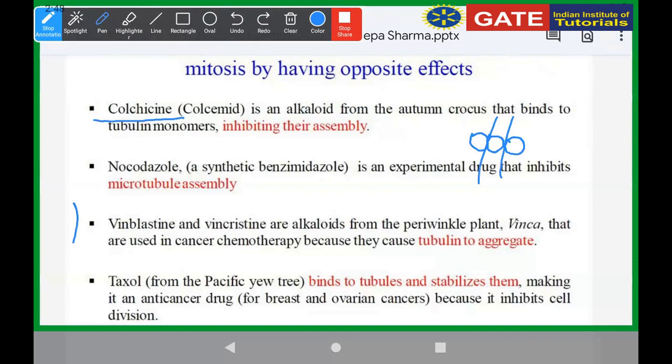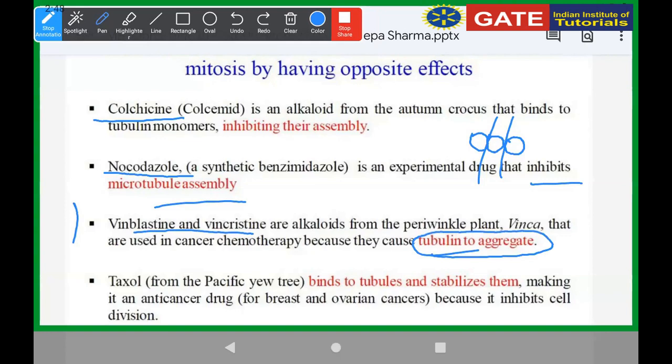Nocodazole is a drug that also inhibits microtubule assembly. Vinblastine and vincristine are alkaloids that also suppress the tubulins.